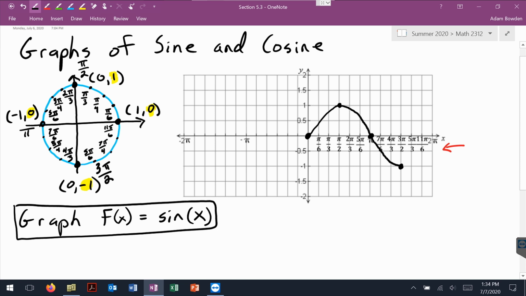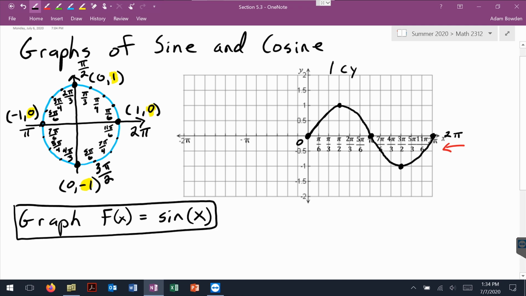And then as we go through quadrant 4 and get back to 2 pi, the values will travel from -1 back up to 0 again. And so this is what the sine graph will do, traveling between 0 to 2 pi, going up to 1, down to 0, down to -1, and then back up to 0 again. So it makes a complete cycle.